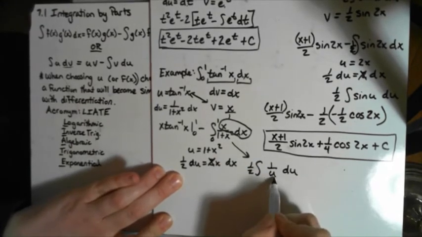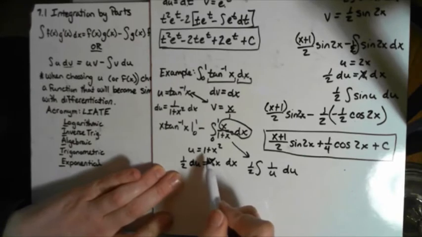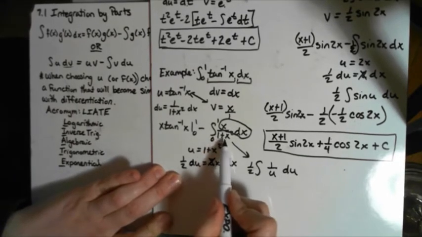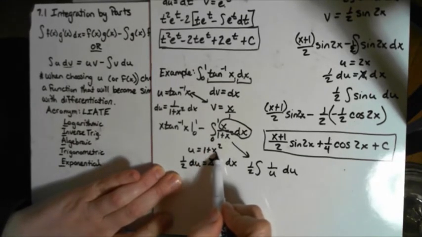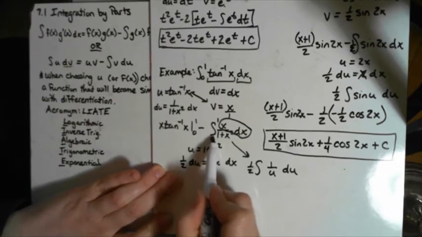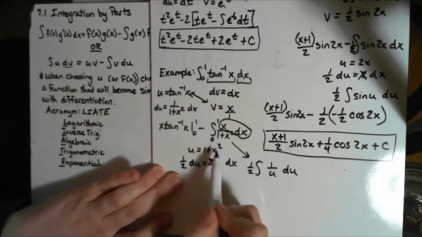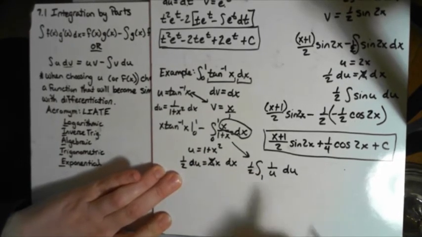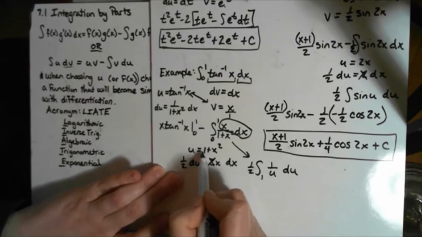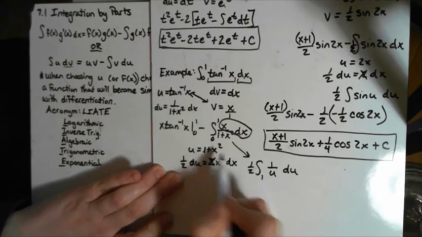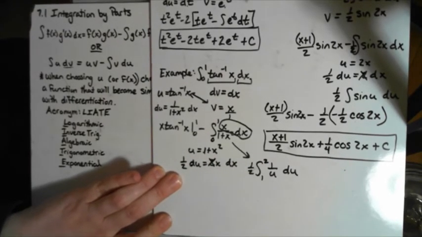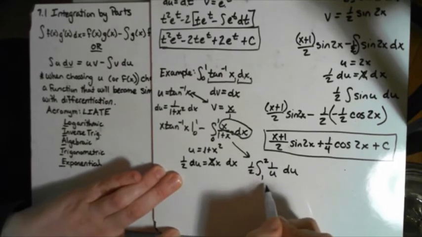Now I did replace that u in there, so it's up to you if you want to later go back to terms of x and put this in for a u, or if you want to translate these into u's, and that's what I like to do. So I put 0 in for x squared, and I get 1 plus 0 squared, which is 1. I put 1 in for x squared, and I get 1 plus 1 squared, which is 2. Okay, and now I can just do this integral.